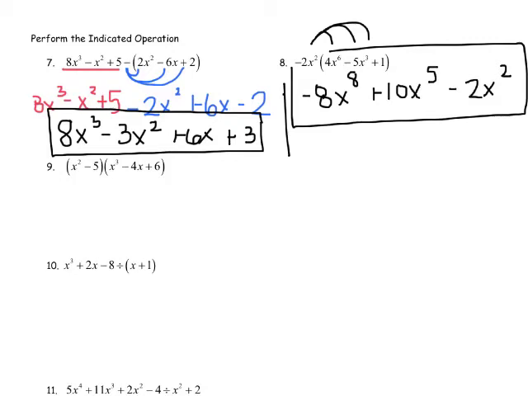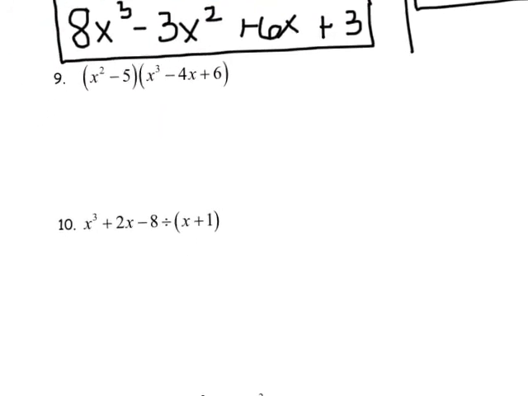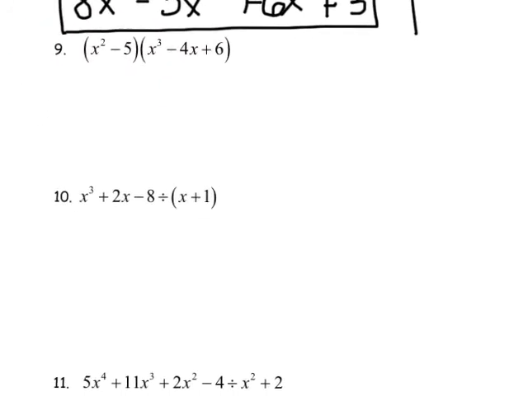Number 9. So this is double distribution. I'll do x squared to all of these guys, and then I'll do the other part, the minus 5. So x squared times x cubed is x to the 5th minus 4x to the 3rd plus 6x squared.